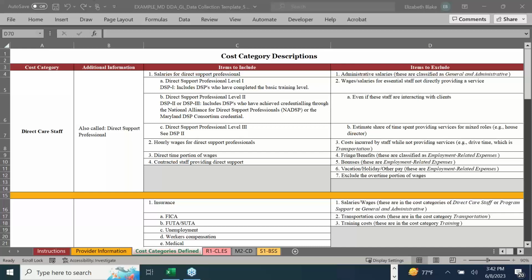Great, thank you. So another great question. Is completion of the tool mandatory? What I can tell you is that it is our intent that this tool will become mandatory and take the place of the cost reports that are unique to PCIS 2.